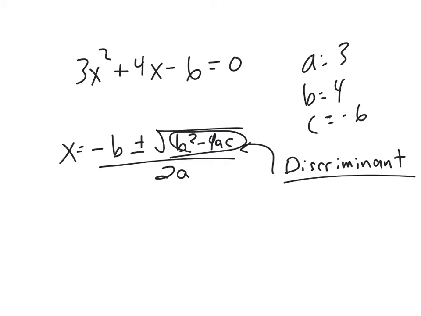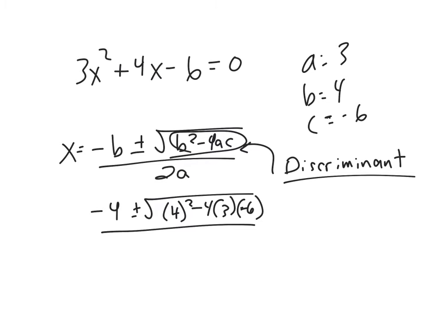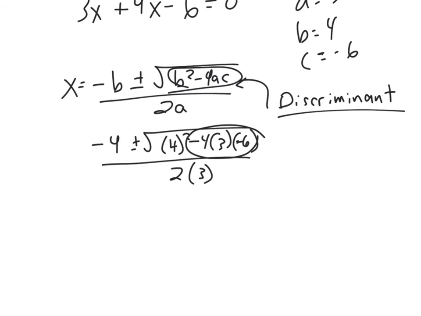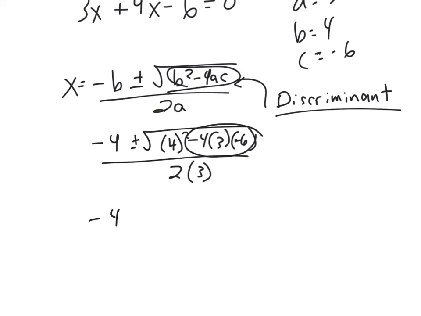Okay, so again, I got my -4, I got my plus or minus, I got my 4 squared, and then my -4 times a is 3 times c is -6. Now this time, because that's a -6, this part's going to end up being positive. Okay, and so we're going to have a positive answer. Okay, and so now if I slide this up, we're going to have -4 plus or minus, and we had 16 before.